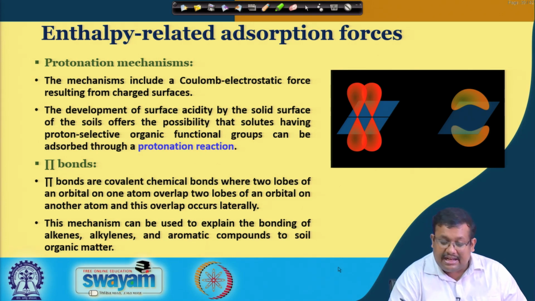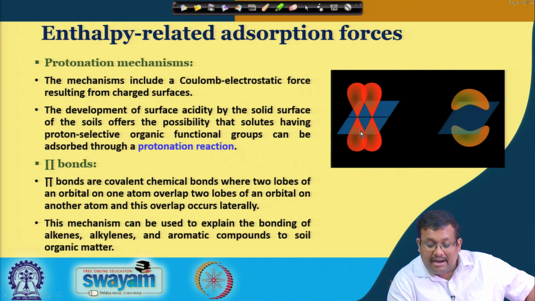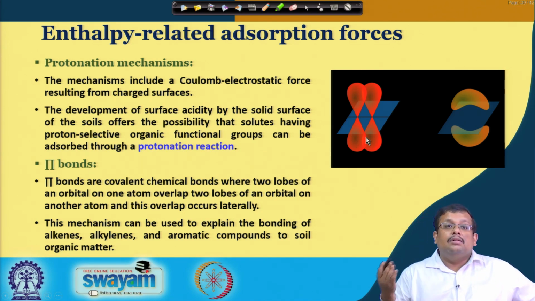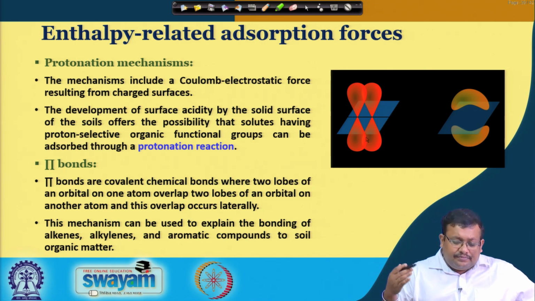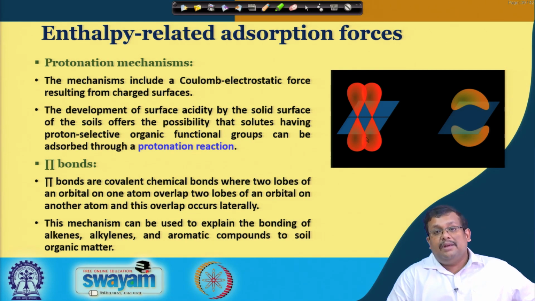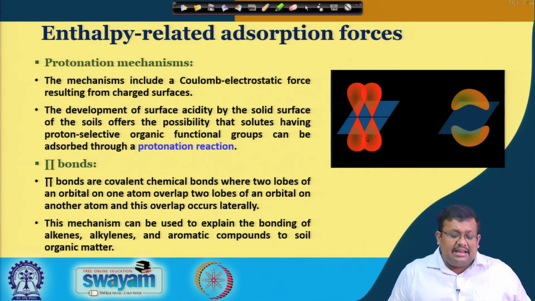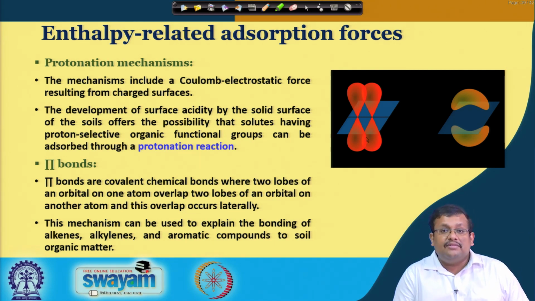As you can see here, two lobes of one atom are overlapping with two lobes of another atom, and this overlapping is occurring laterally. So, this is an example of a pi bond, and this mechanism can be used to explain the bonding of alkenes, alkynes and aromatic compounds to soil organic matter. So, this is another important enthalpy related adsorptive force.